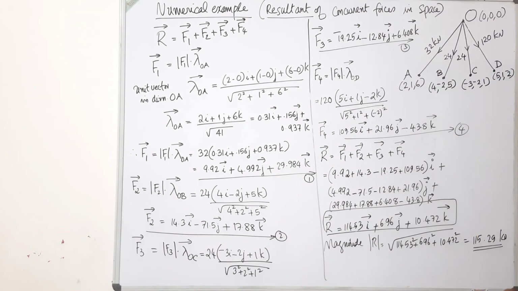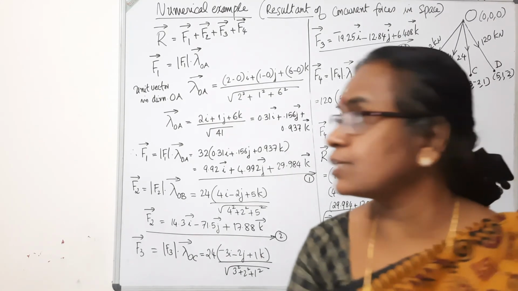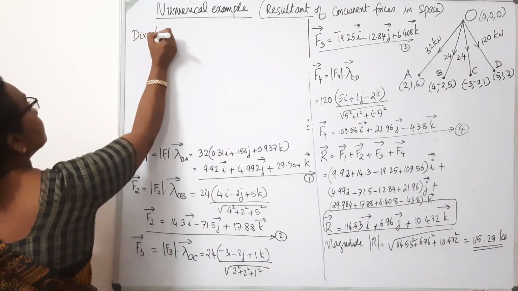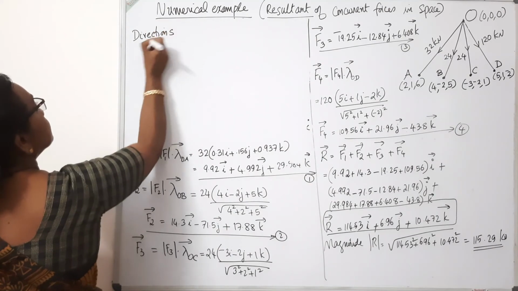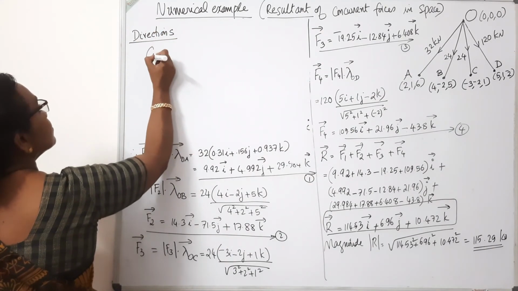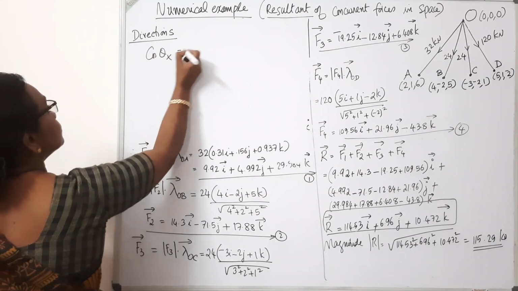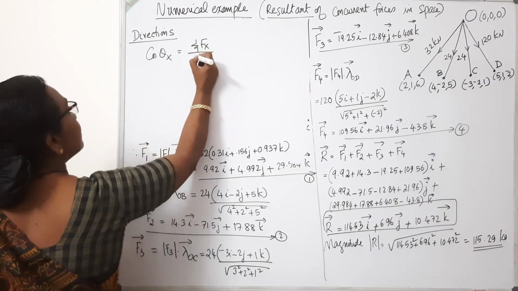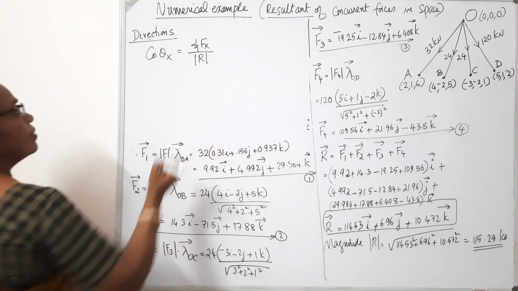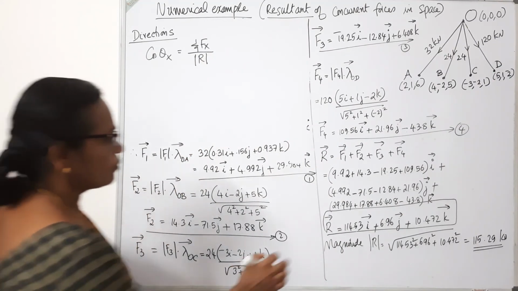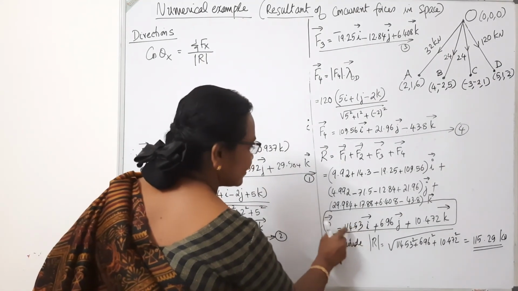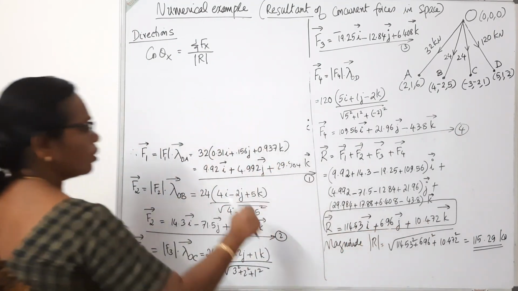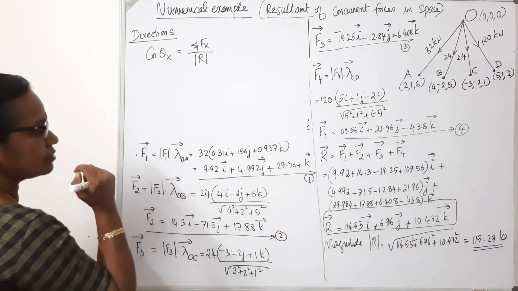Now regarding the direction, how will you find the directions? Cos theta x is equal to sigma Fx divided by the numerical value of the resultant. What is sigma Fx? This is sigma Fx i plus sigma Fy j plus sigma Fz k, or Rx i plus Ry j plus Rz k.